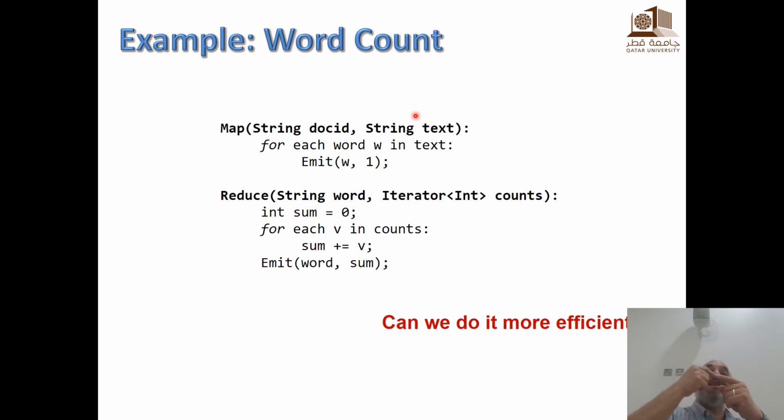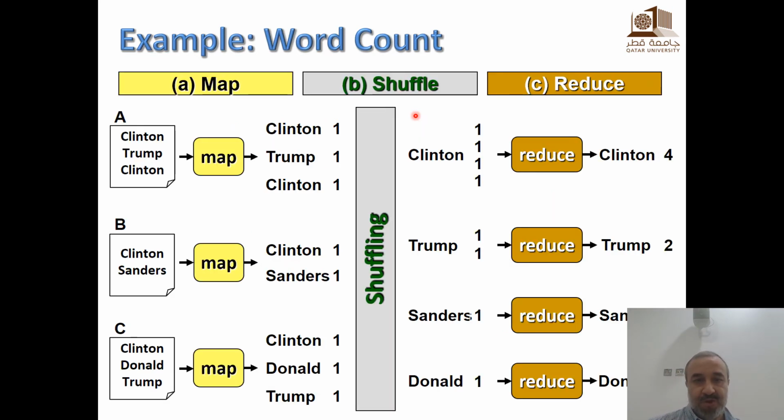We'll just indicate that it appeared before, so that we can keep track of only the unique words. So instead of producing Clinton 1, Trump 1, Clinton 1, we'll not produce that one. Because we know that the only unique words in that document are Clinton and Trump. So we'll only produce these two records from here.